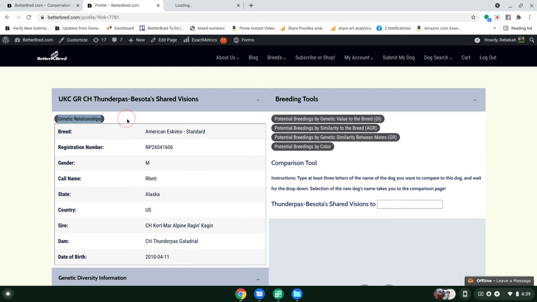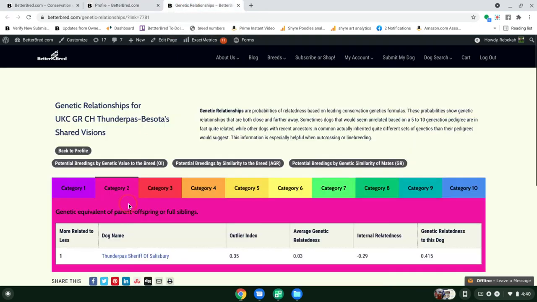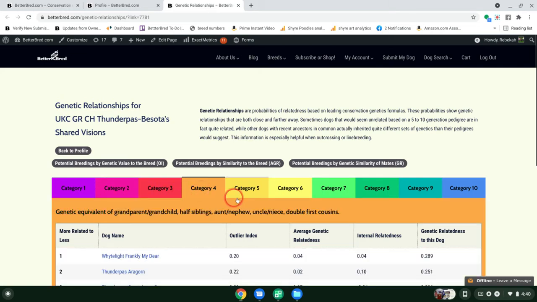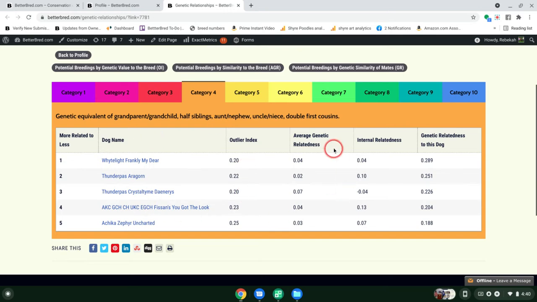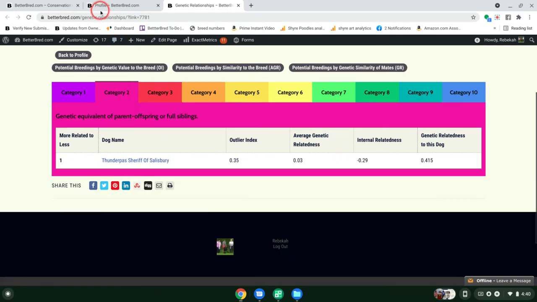Say you want to keep a puppy from him, and there's another relative that you do not like in the pedigree, you can look at the influences of that dog in relation to the puppy you're trying to keep. So you can see how closely related every single dog in the database is to this dog and whether they're male or female, which can be useful.